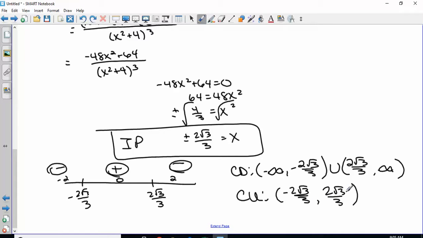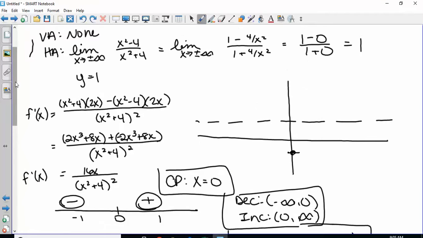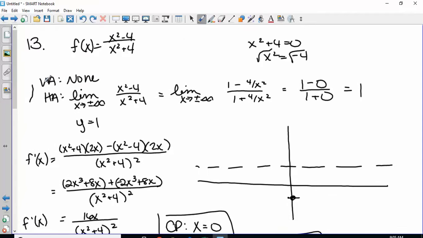You have to be able to mark those inflection points on the graph, so we really need to get actual ordered pairs for them. So if you plug those into the original, if you put 2 radical 3 over 3 into the original, grab a calculator, do that for us.